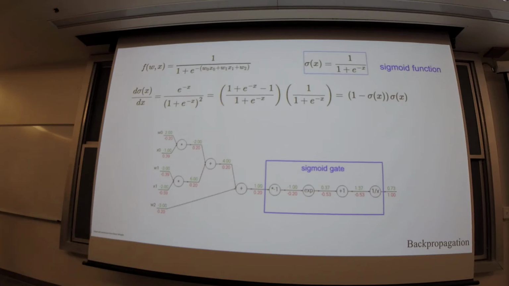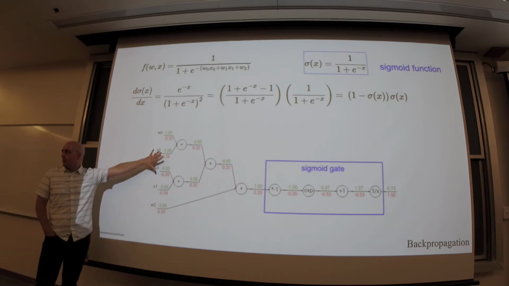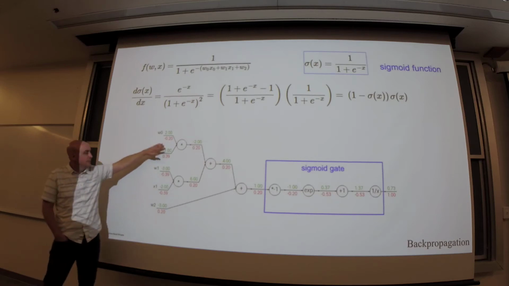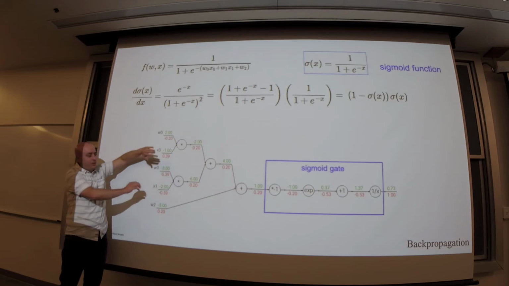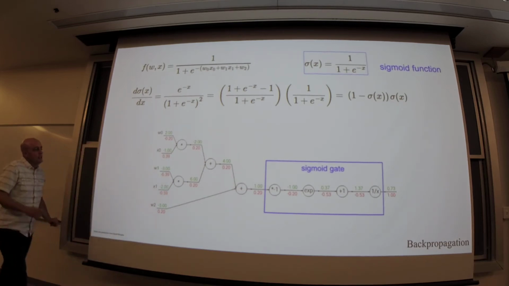So 3 of those are weights, 2 of them are not weights. Yep. So do you need to calculate those? Not for updating the weights. No, you don't need to do those. That was just part of the branch.